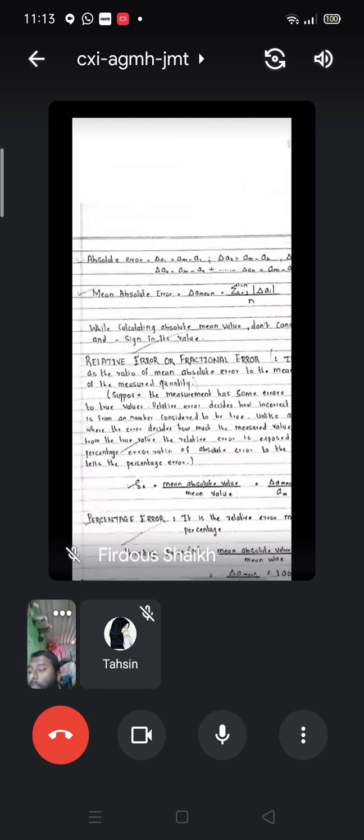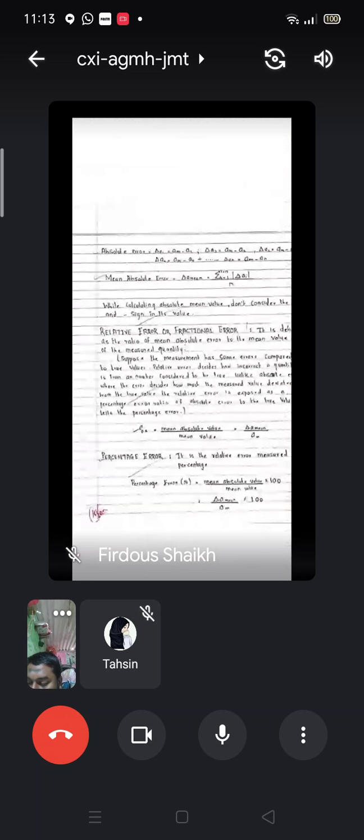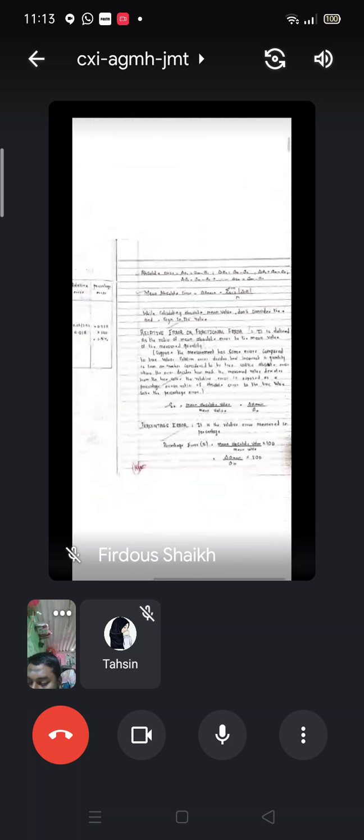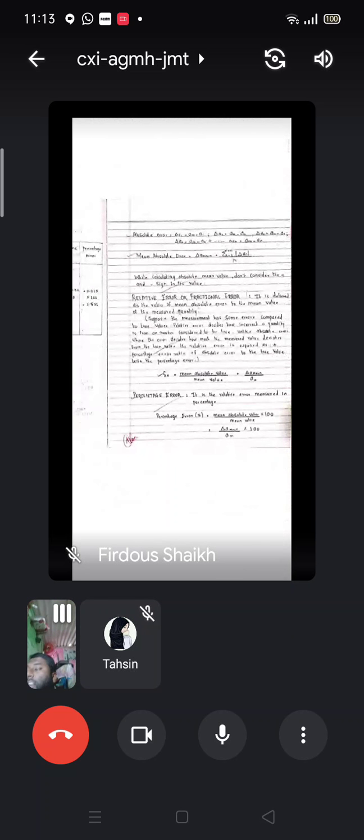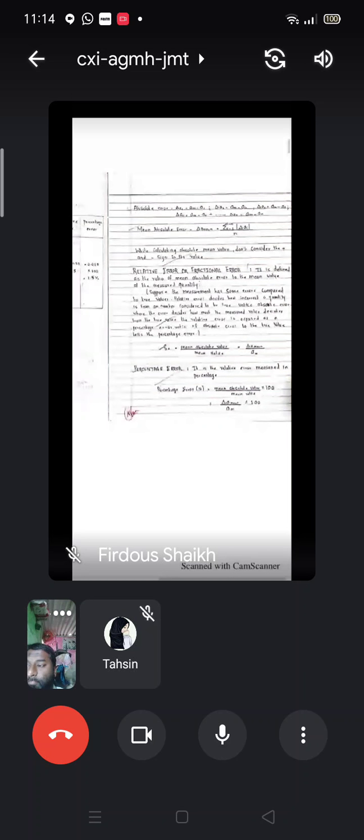Then the absolute error: delta a1 is equal to a_m minus a1, delta a2 is a_m minus a2, like this. Then we take the mean absolute error. Mean absolute error, delta a mean, is the summation of all these delta a values divided by n. That will give you the mean absolute error.